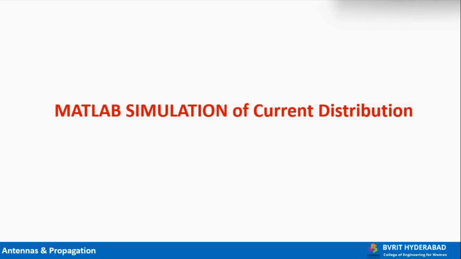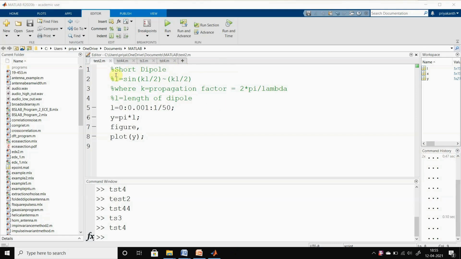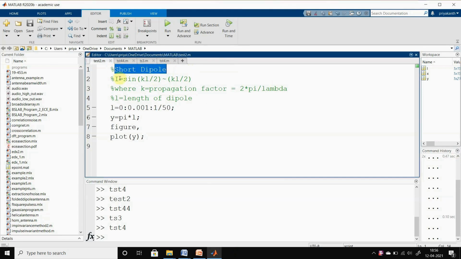Current distributions on various lengths of dipole are well simulated using MATLAB. The distributions simulated are for one arm of the dipole. Symmetry is understood for the other arm. This short code is written for a short dipole where the length L is far less than one wavelength.